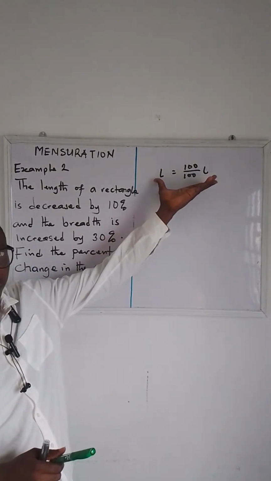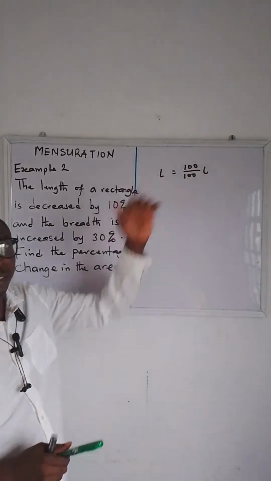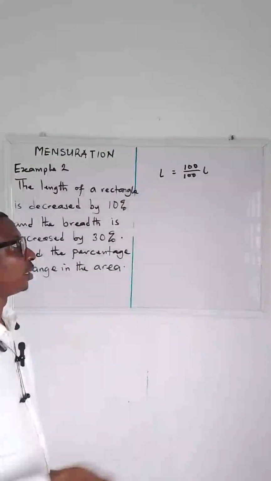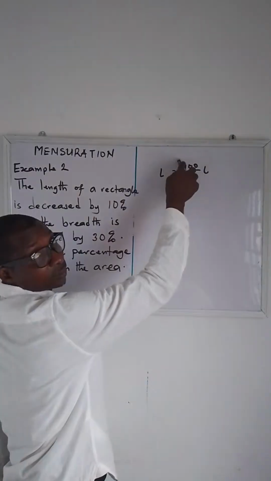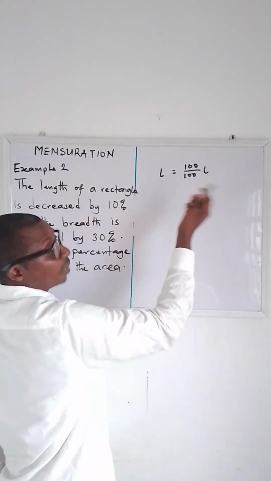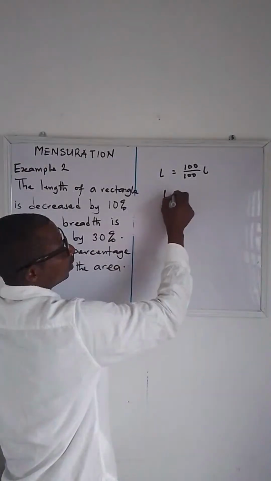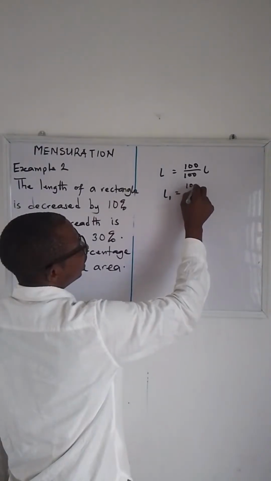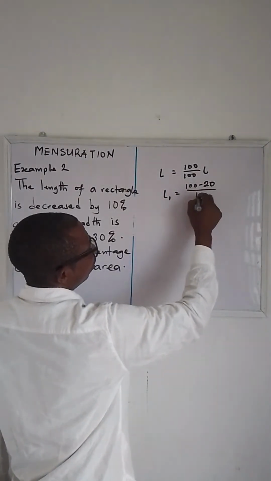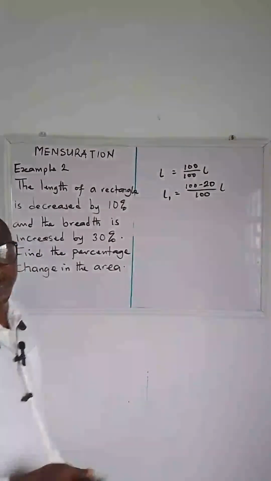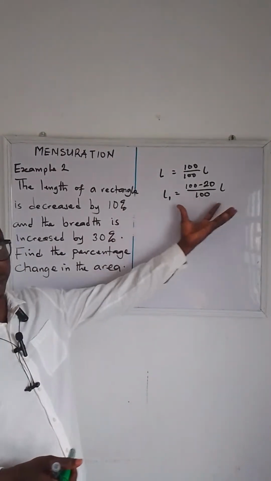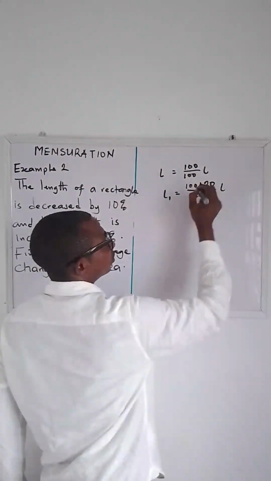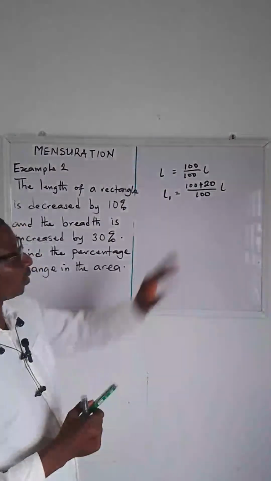So this is 100% L. Now, if L is reduced by 20%, what we reduce is the numerator, so you just reduce the numerator by 20. That means the new length L1 will be 100 minus 20 over 100 L. So this is a new L. If it is increased instead, it's going to be plus. I hope you understand that. So let us take note of this.